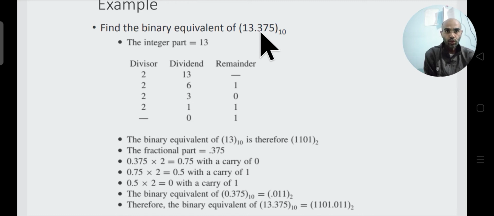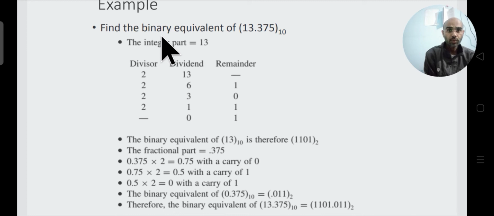Now moving on to the fractional part, what we have to do is take the fractional part first. So this fractional part is 0.375. Now this 0.375 is to be multiplied by the base of the new number system we want.